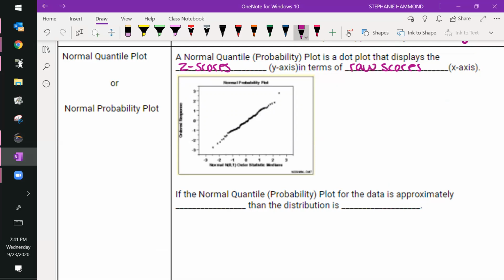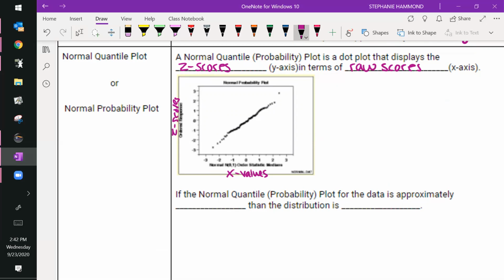And what we end up with is a plot that looks like this one here. It's a dot plot where we have our z-scores on the y-axis and our x values, the raw data, on the x-axis.